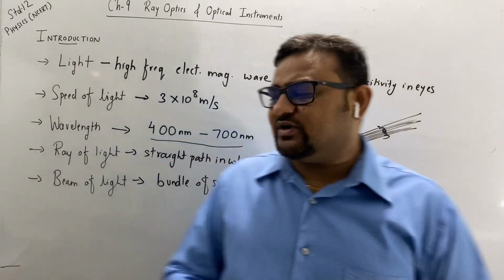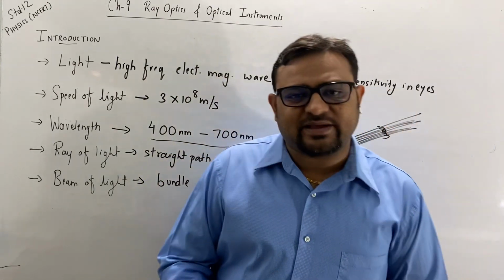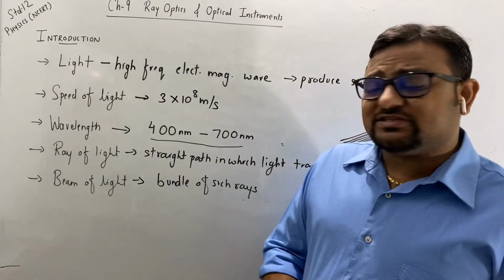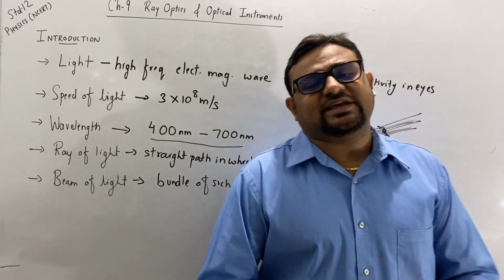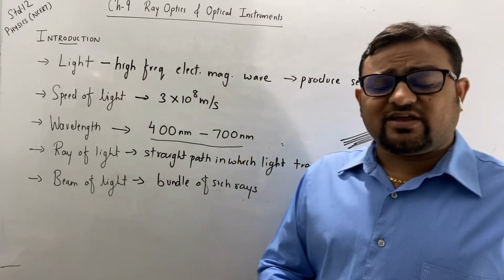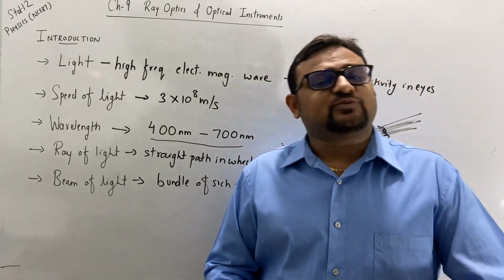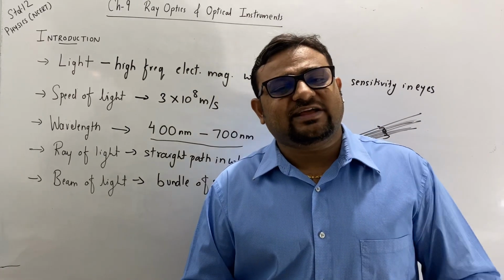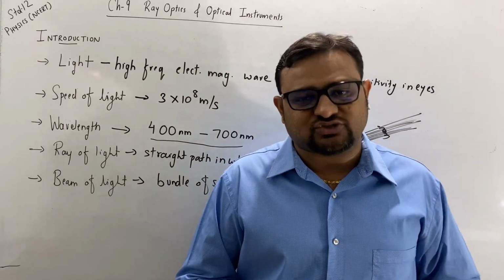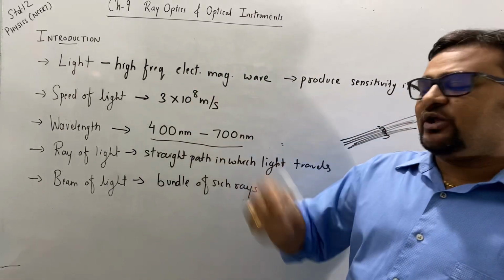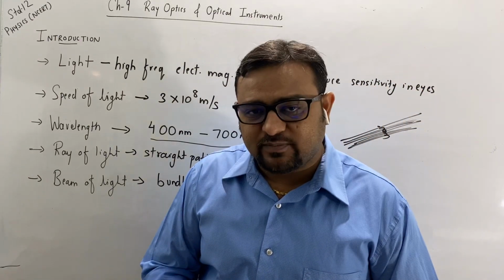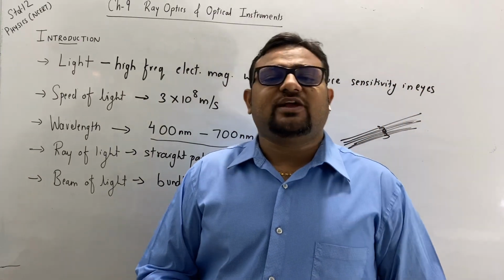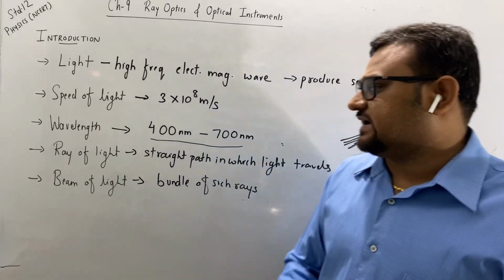Okay, so these were just very basic introductory concepts. What is light? A high frequency electromagnetic wave having a very small spectrum which produces sensitivity in our eyes when it reaches our eyes. Speed of light, 3 into 10 raised to 8 meter per second or 3 into 10 raised to 5 kilometer per second.